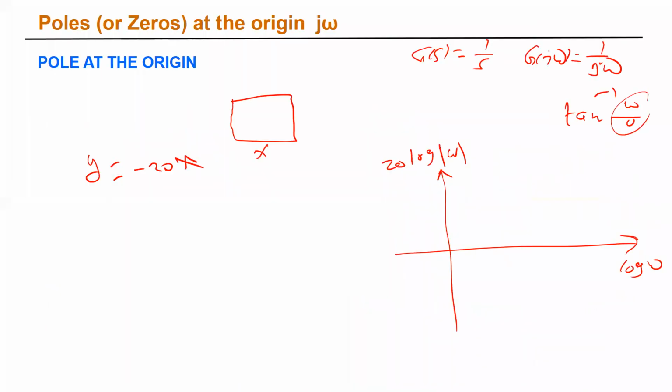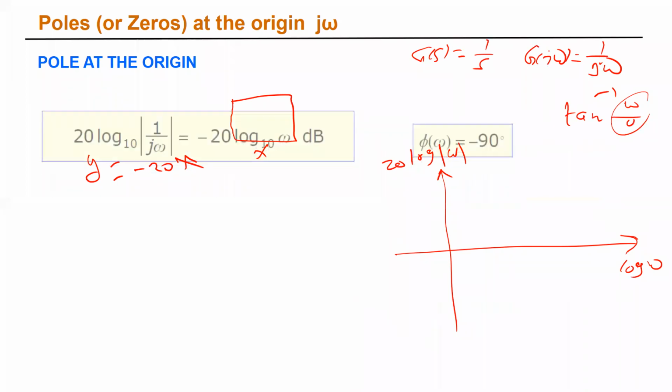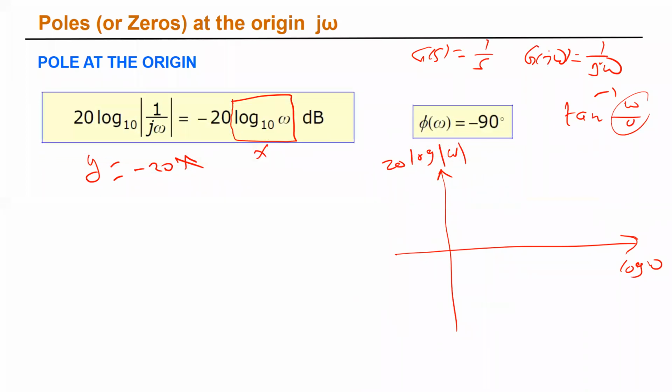Now, as I said, this is going to be a straight line, but we have to be careful here. Where do I start? If you remember, we cannot start our origin at 0 because log 0 is infinity. So suppose I have 0.1 here and I have this system. What will be the value of 20 log at 0.1?